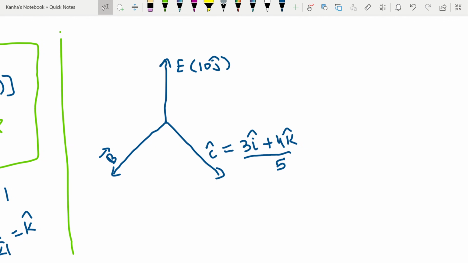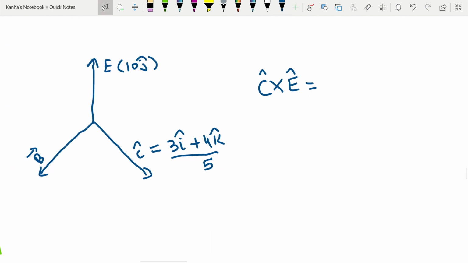Now the next thing that I want to use is the simple procedure, that is c cross e. C cap cross e cap is equal to how much? It is (minus 4i cap plus 3 times k cap) divided by 5.